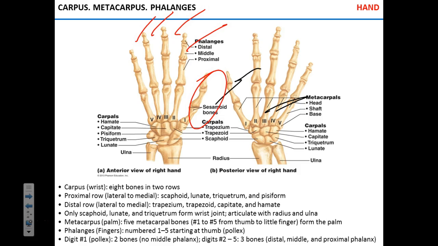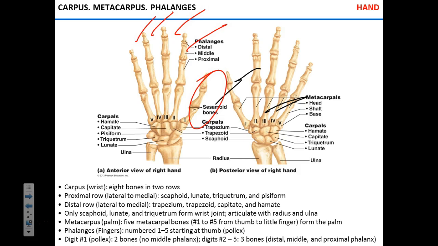The phalanx that is closer is proximal. Then there's distal. Sorry, proximal, medial, distal. Proximal, medial, distal. The thumb has 2 phalanges, proximal and distal. There is no medial phalanx.